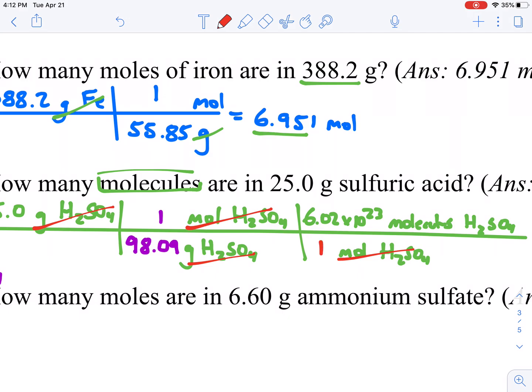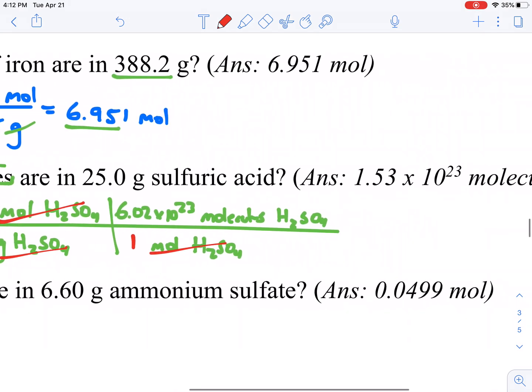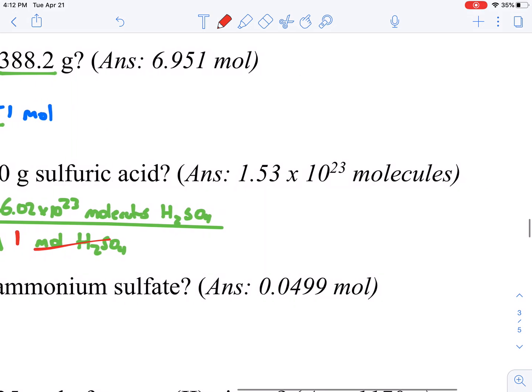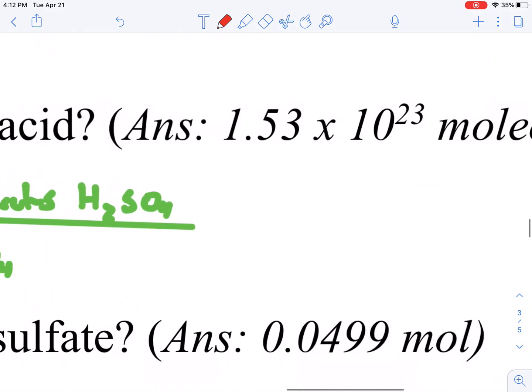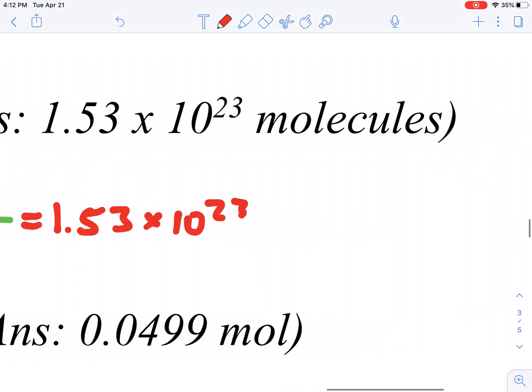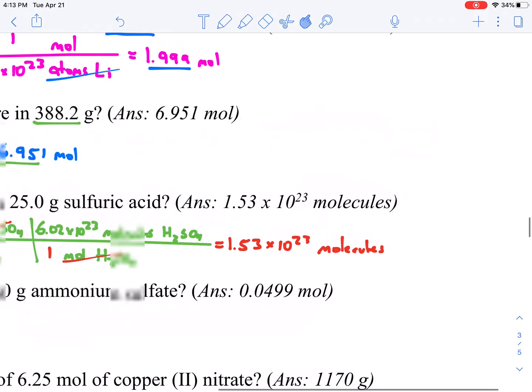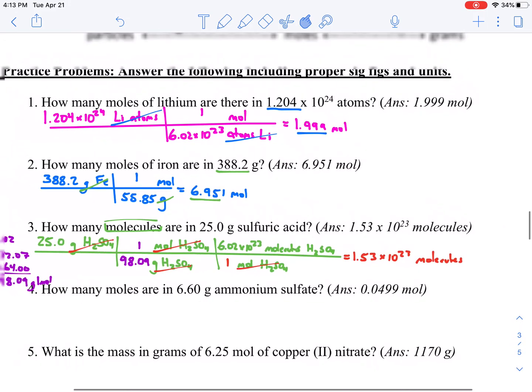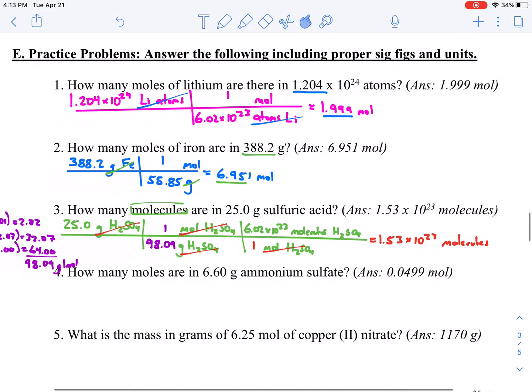If we do the math, multiply the tops, divide by the bottoms, we will get 1.53 times 10 to the 23rd molecules in that sample of H2SO4 in those 25 grams. So that's a lot of molecules, as you know.